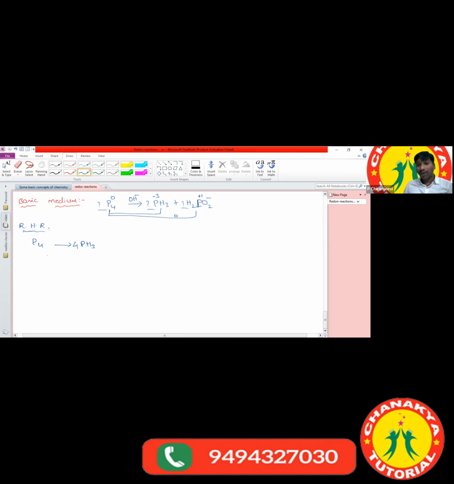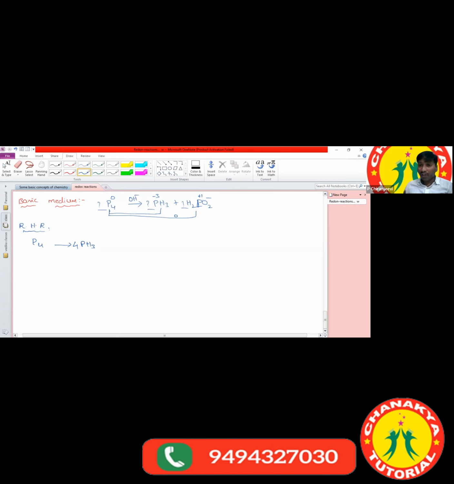Second condition, the number of oxygens. Are there any oxygens on both sides? No, sir. So we need not balance. And the number of hydrogens? On the right hand side, how many hydrogens are there? 12. On the left hand side? 0. How do we balance the hydrogens?